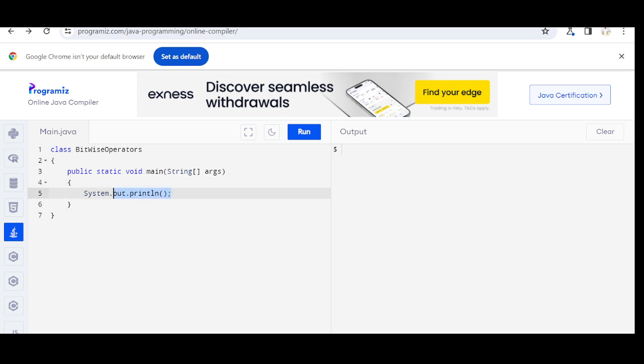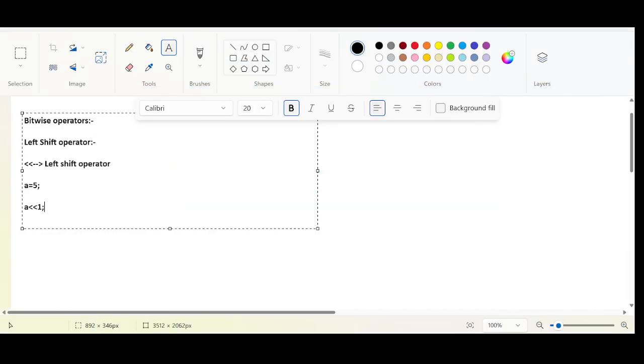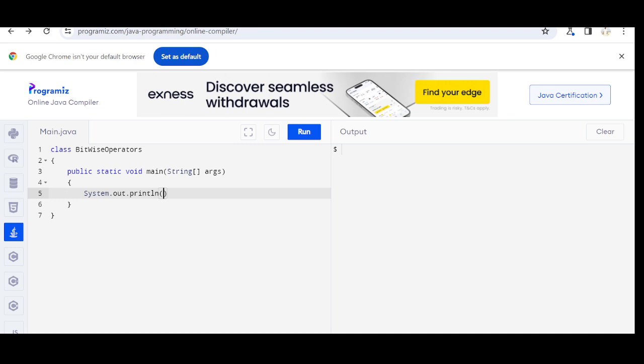The same question I am taking here. System.out.println. Instead of a equal to 5, I can directly substitute 5 left shift 1.